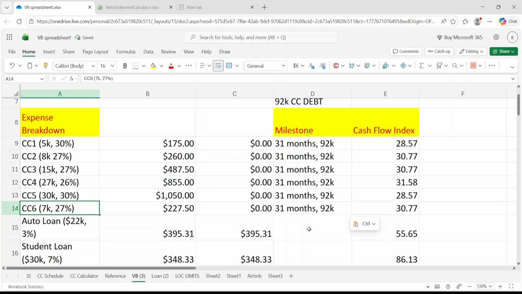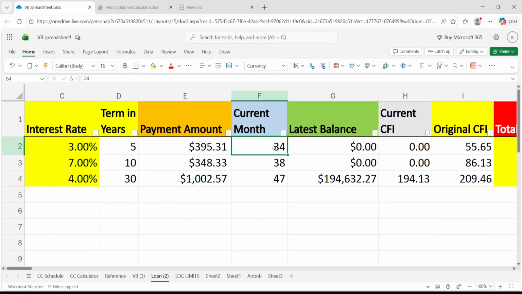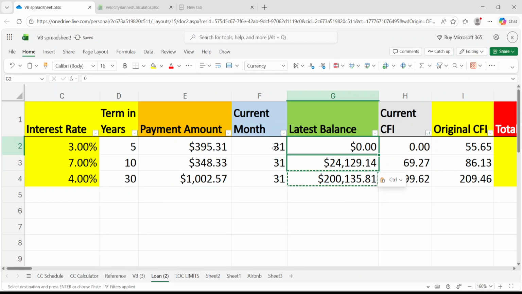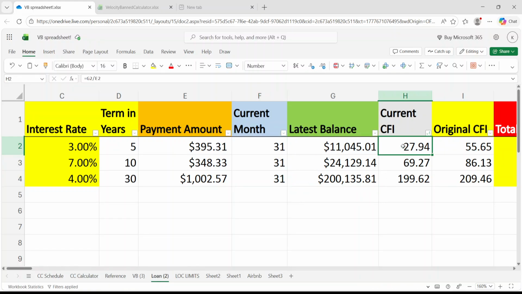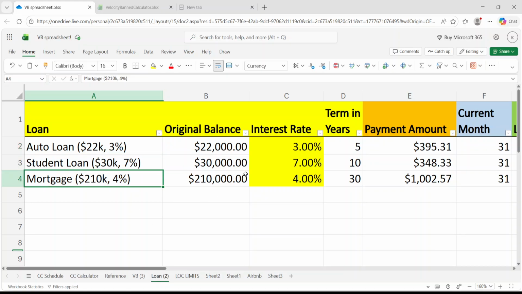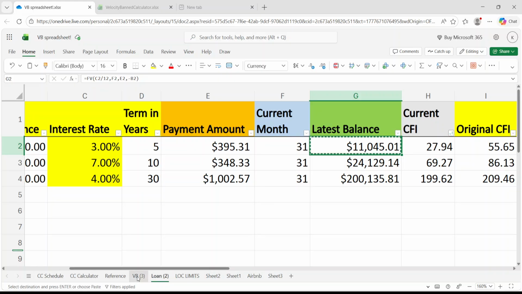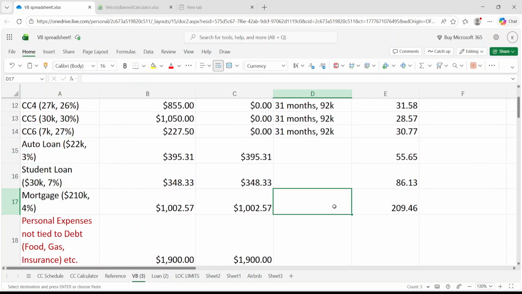Now we have three more loans we've got to pay off: the student loan, the auto loan, and the mortgage. So what we do here is we put the current month, and then we follow the cash flow index model. You can see that this is the auto loan, student loan, and the mortgage. Then we're going to copy this and move it into the line of credit.